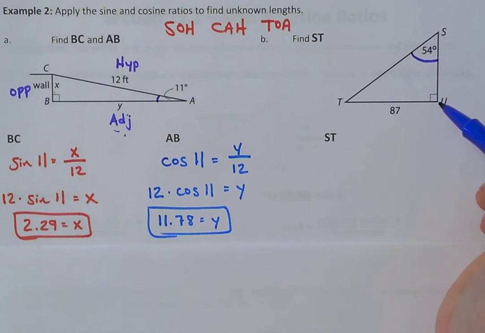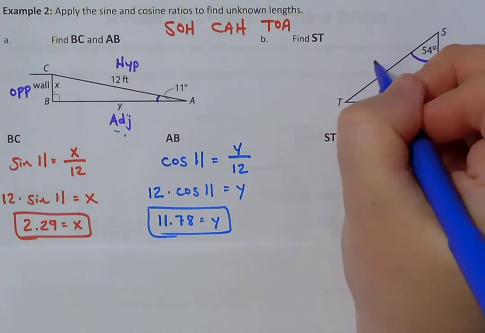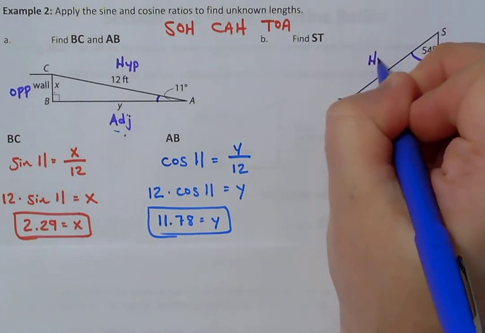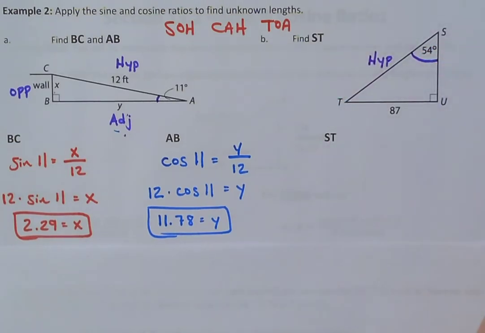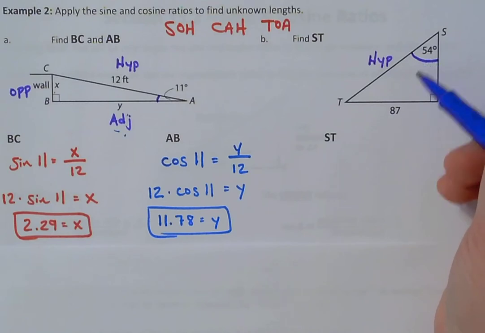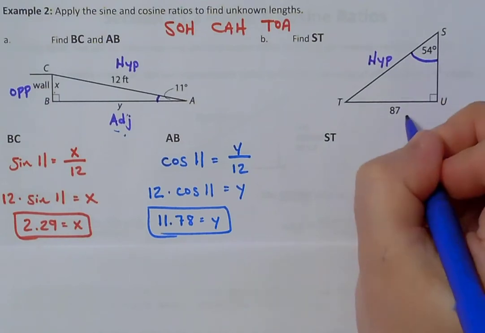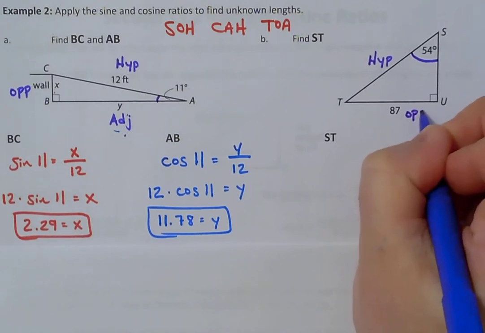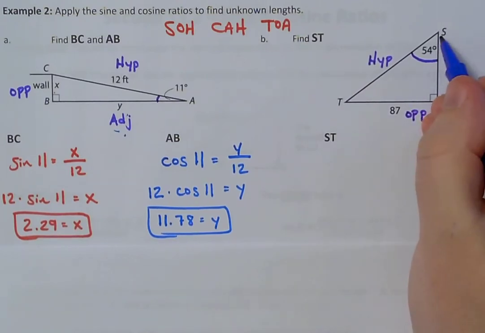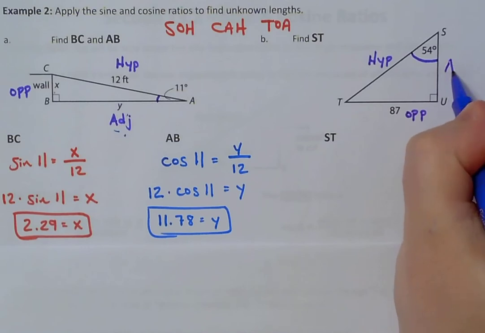So if I know that angle U is the right angle, that means that ST is the hypotenuse. And then using the 54 as my reference, the side opposite of the 54 is 87. And then the side adjacent is going to be SU.